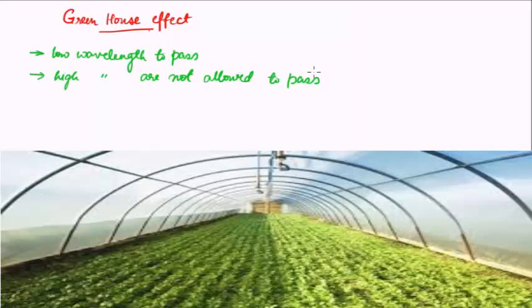That is how the plantation system works in colder countries. Otherwise, the plants would not have survived. This whole phenomenon is known as the greenhouse effect. Low wavelength light passes through the glass and high wavelength light does not, as a result of which the heat content inside builds up.